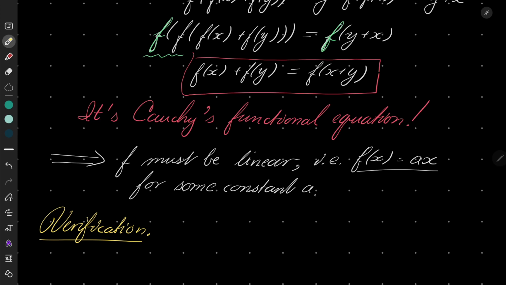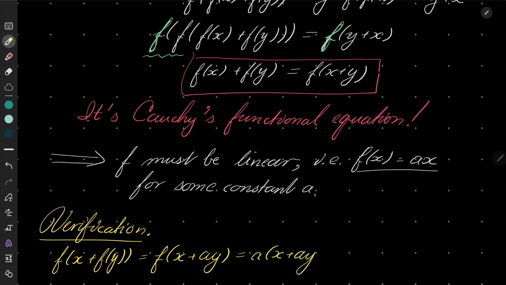So let's take the left-hand side. On the left-hand side we had f of f of x plus f of y. So it's f of a times x plus a times y. So it's a times ax plus ay. So it's a squared x plus ay.